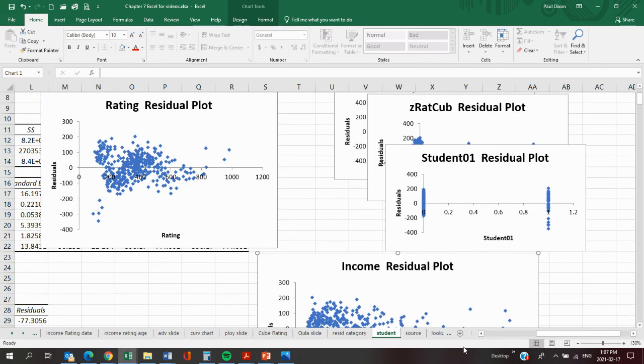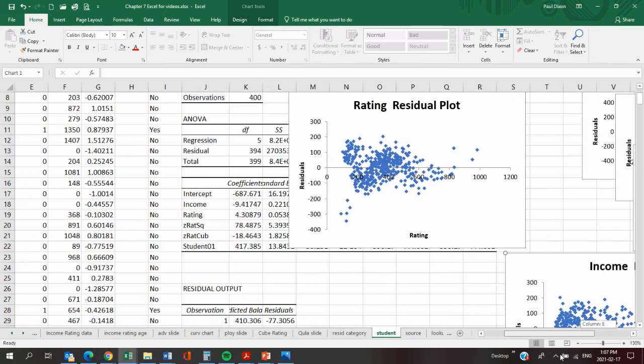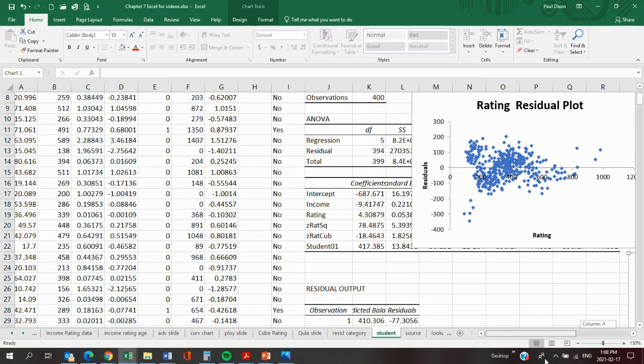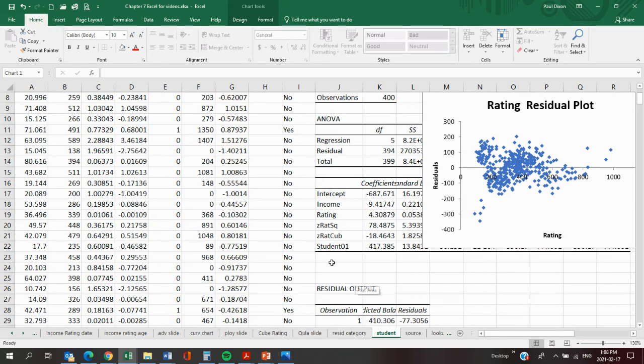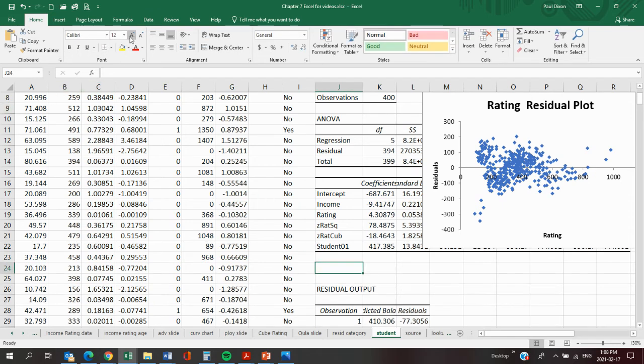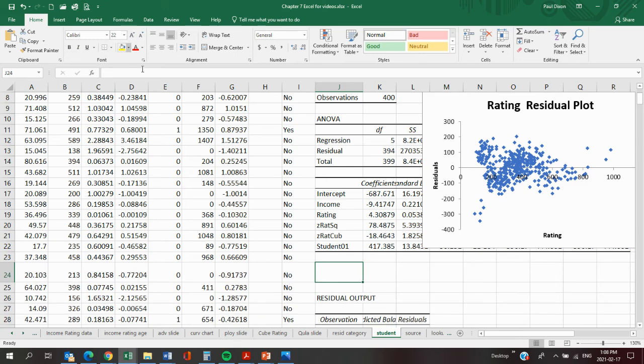But if I go back then and look again at what I've got for a model, if I was to write it all out for you and say what my final model is, I'd be saying that my estimated balance is equal to minus $687.67. I want to be that precise.